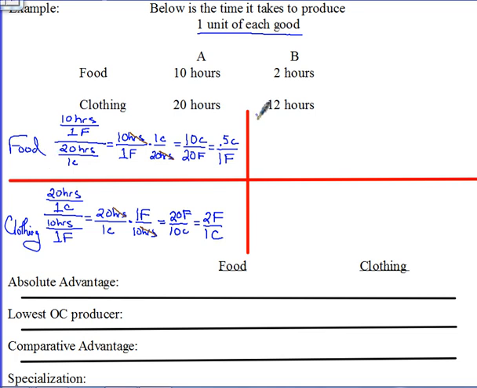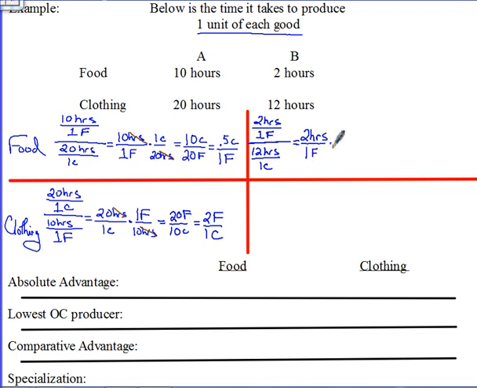So let's see, B takes 2 hours to produce 1 food, divided by, let's see, it takes 12 hours to produce 1 unit of clothing. Multiply by the reciprocal. So we started with the good we're analyzing in the numerator, but it's going to work its way down to the denominator. How? By multiplying by the reciprocal.